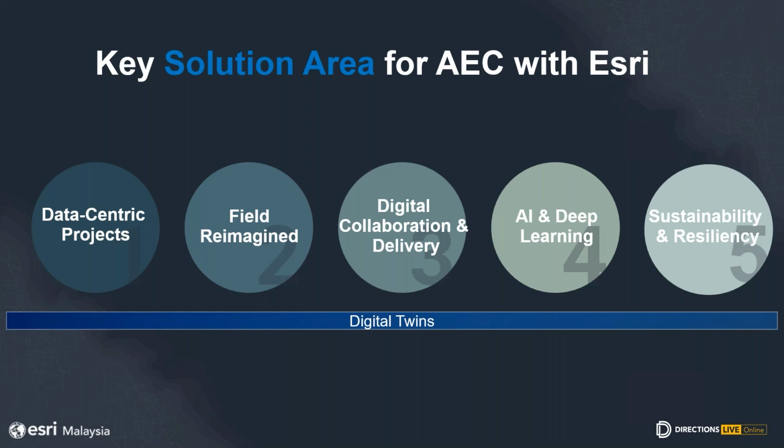And there is an AEC bonus trend, which is digital twins. If you are interested in exploring these other solutions, or you have any questions, feel free to reach out to us. We are here to provide more information and support.